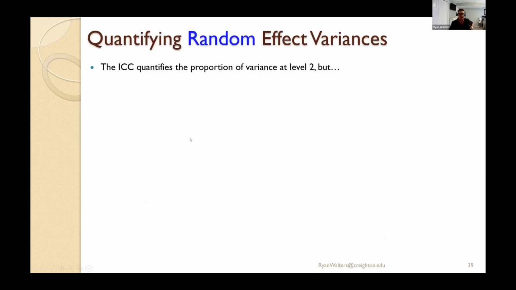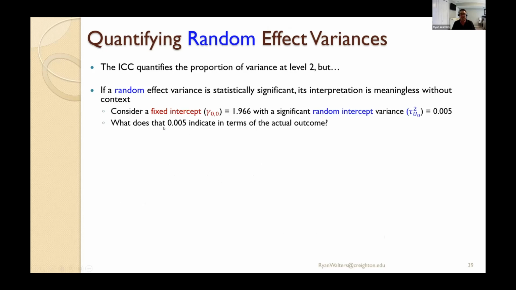The other thing that I see a lot is, we get a random intercept variance and it's a specific value, and people are like, what does that even mean? And so the way we quantify those random effect variances is actually to put them onto something tangible, like the scale of the actual outcome itself. Okay. For example, if the random effect variance was statistically significant via model comparison, we have to provide some context.